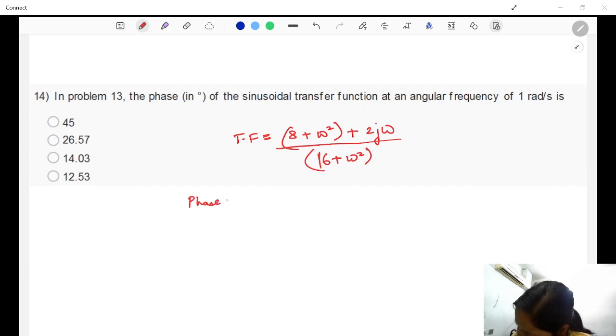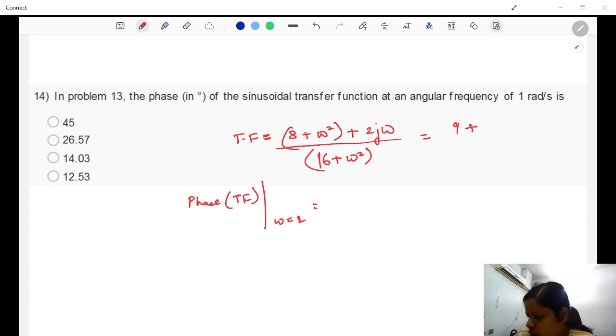Phase of transfer function at omega equal to 1 is, this can be written as 9 plus 2j upon 16 plus omega square. It is tan inverse 2 upon 9.